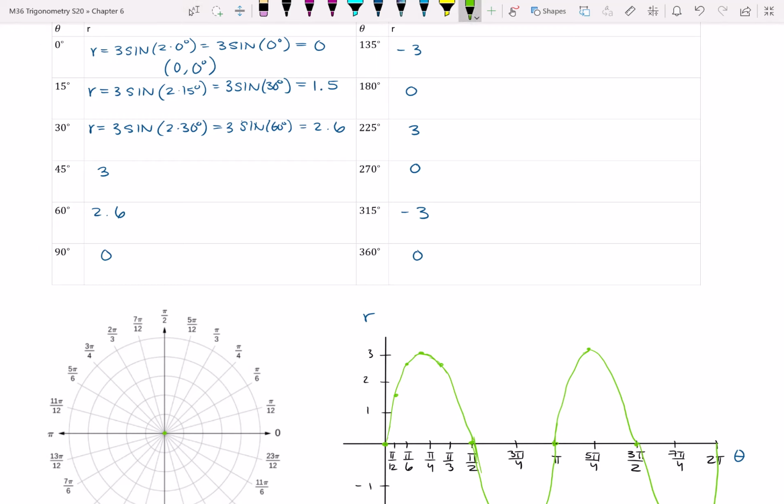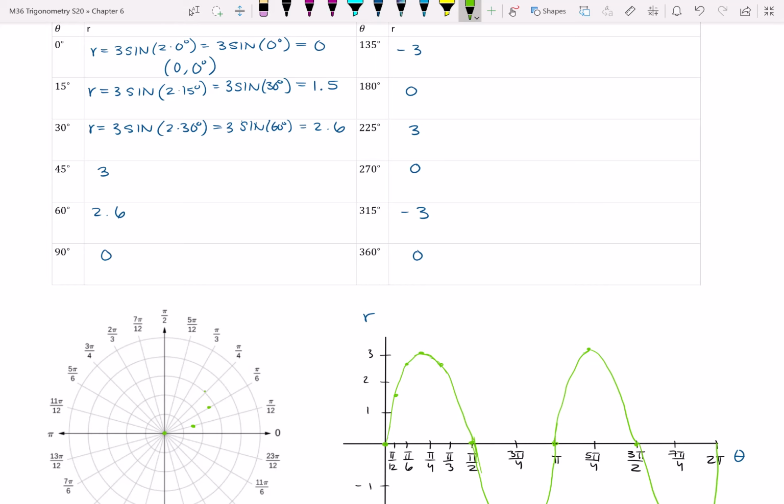So I'm in between loop 1 and loop 2 at pi over 2. Remember, we need to know how to plot these polar coordinates. The next one was at 30 degrees, which is pi over 6, and it was 2.6. So we have a little bit passing the 2. And then 45 degrees, which is pi over 4, and my r was 3, so that's that.